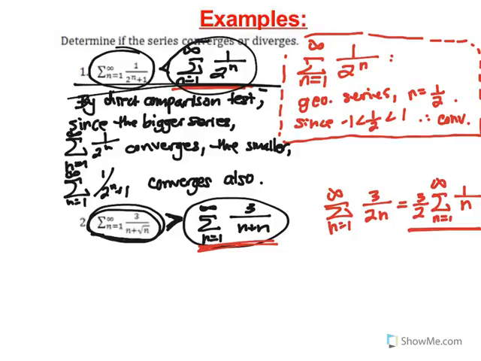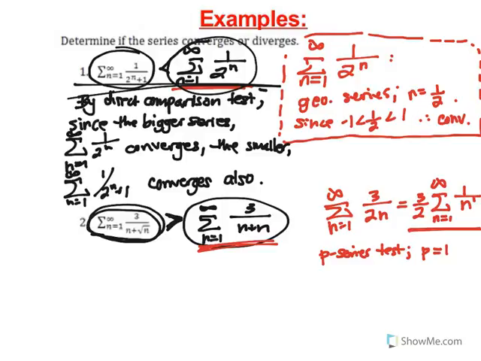If I have 1 over n to the 1, what does that mean? Well, p-series test: p is equal to 1. What does that tell me?